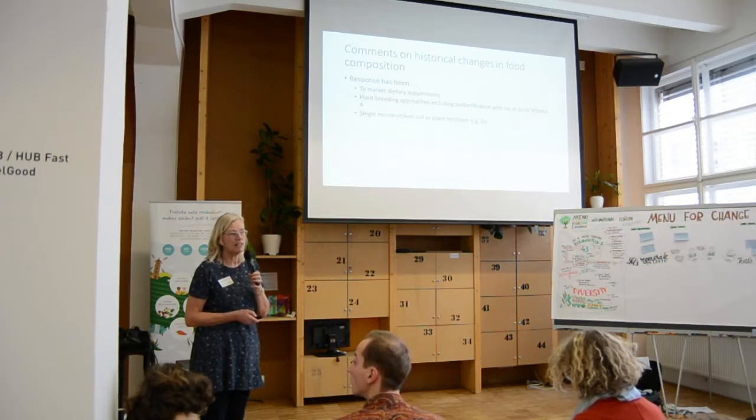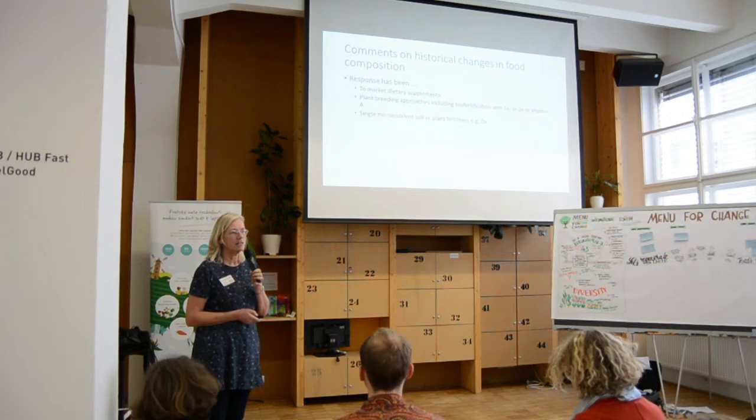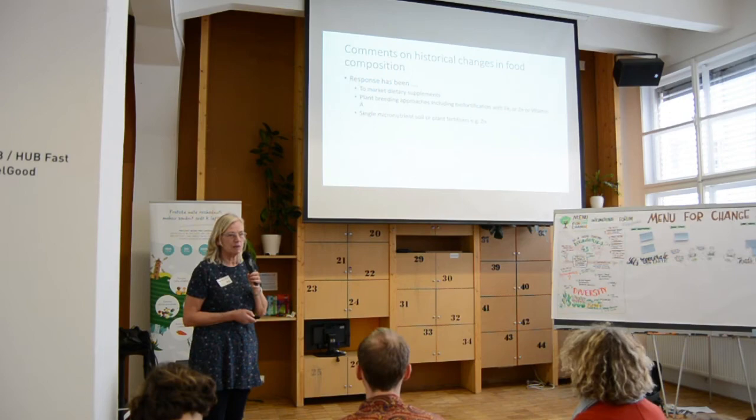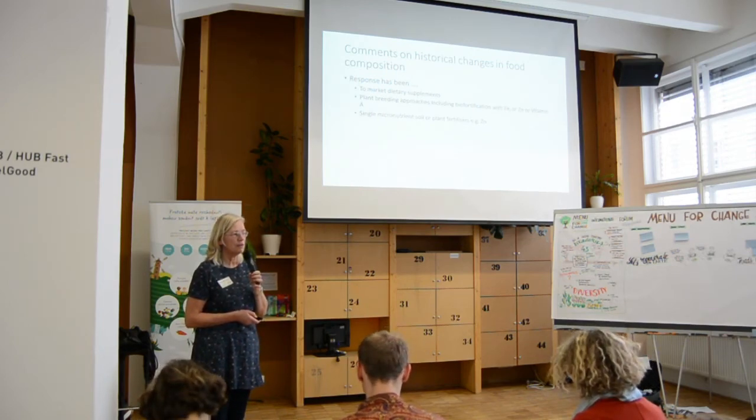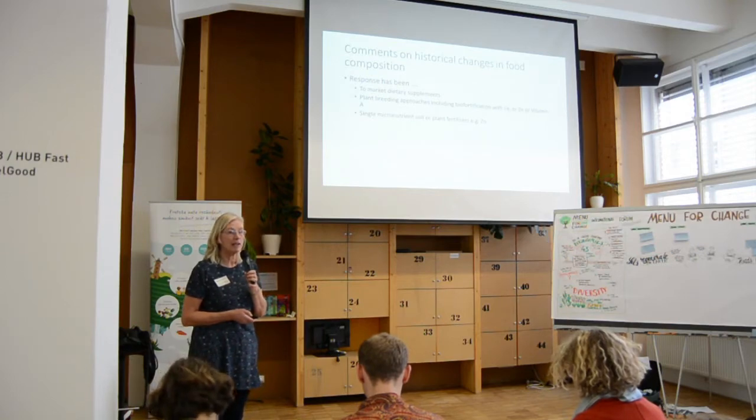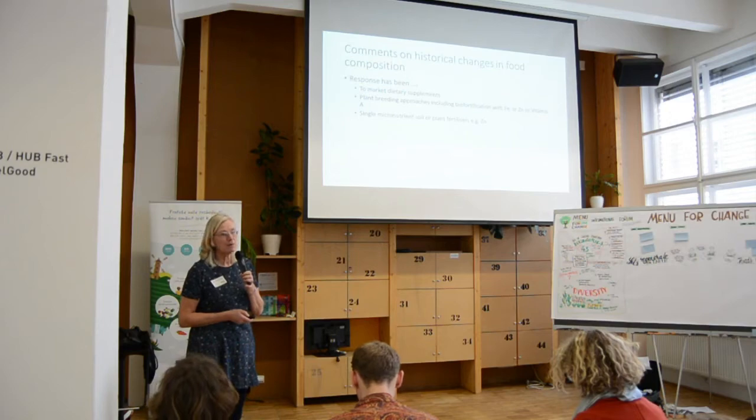adjusting the criteria for breeding to think about nutrients, but my criticism of it is that these tend to be one nutrient at a time. So you take rice and think, well, how can we get more iron in rice? How can we get more zinc in rice? How can we get greater vitamin A?